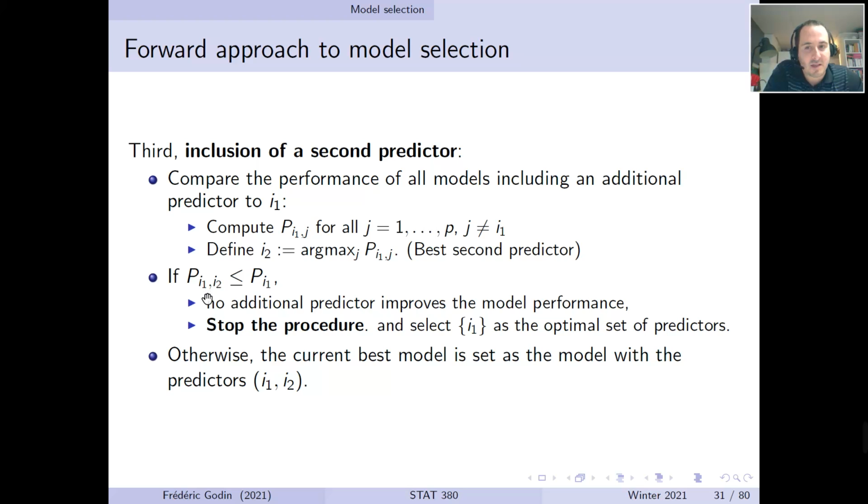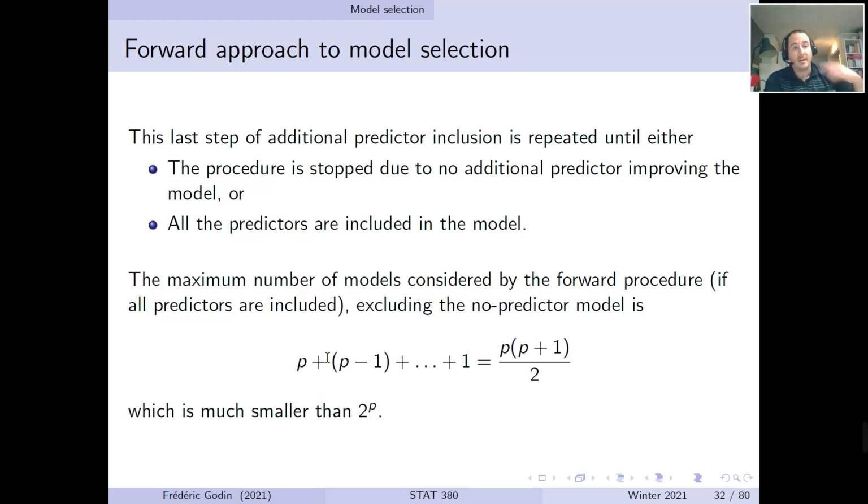If the performance doesn't increase by having two predictors, then we stop the procedure and say the best model among all is P(I1), the one which contains only the predictor I1 identified previously. Conversely, if the performance of the two parameter model is greater than that of the single parameter model, then we continue. So our new current best model is the one with two predictors, I1 and I2. And then we go to the next step.